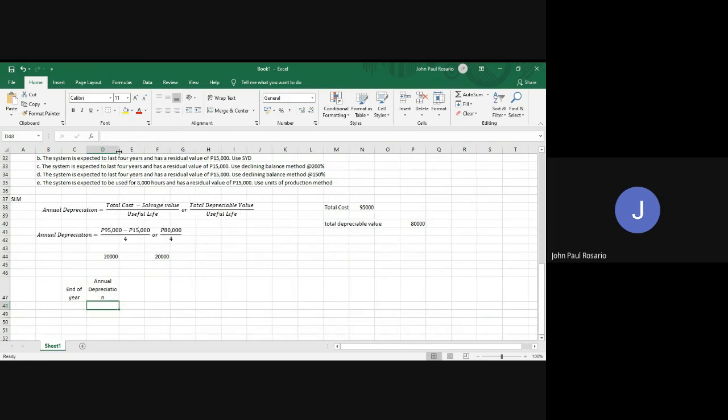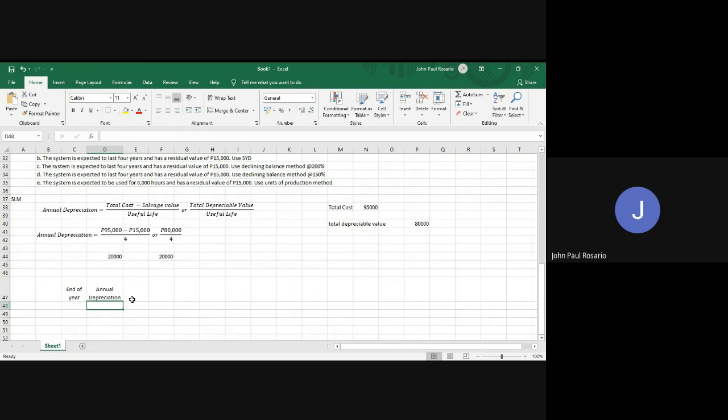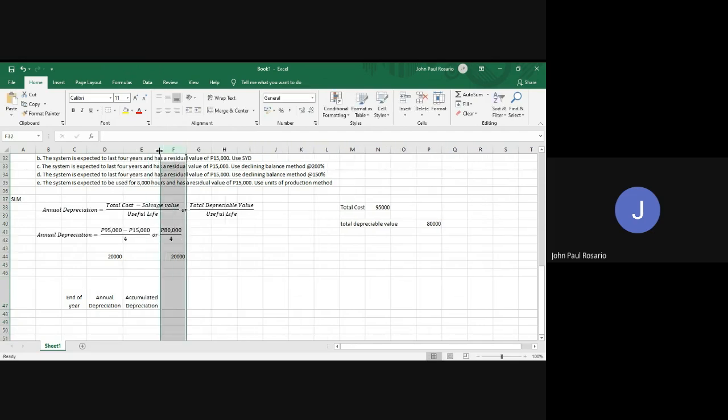Expand that, accommodate for the word depreciation, and then we have our accumulated depreciation. Again, let's expand this. Lastly, our book value.